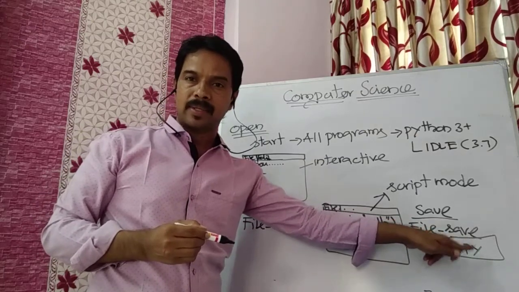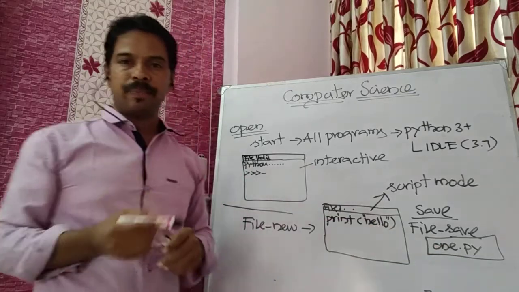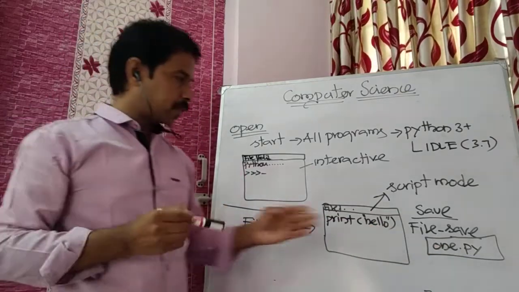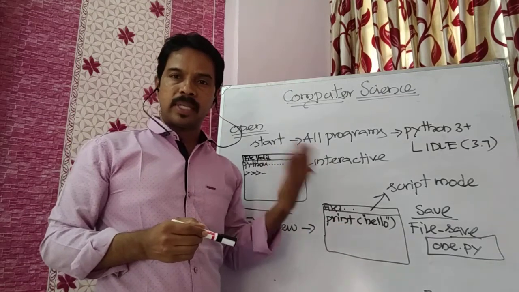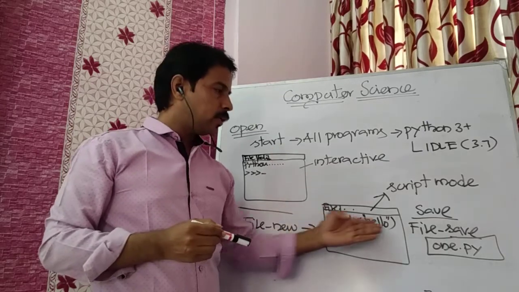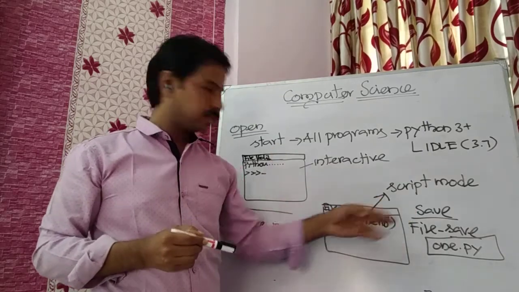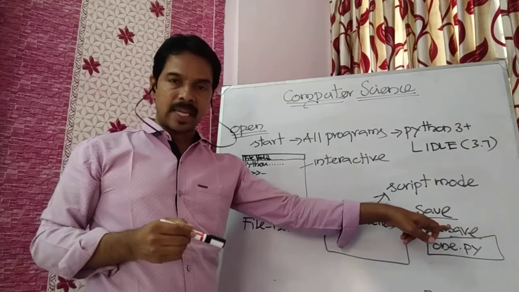Py means the extension, that is Python. Instead of 1 you can give anything. After typing your program code, before checking the error, that is debugging, in order to see the output, you have to save the content. How? By selecting this file and then Save.